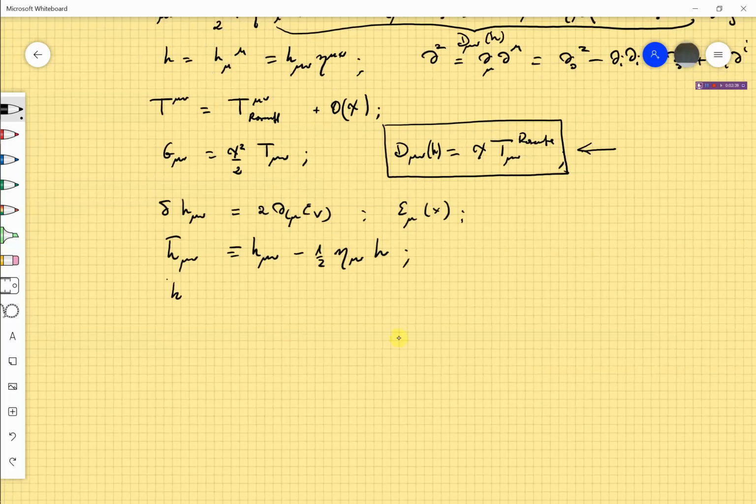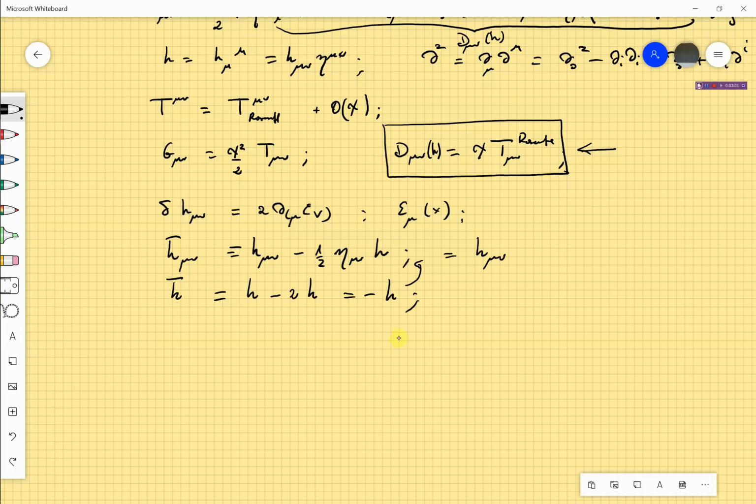So if we take the trace, that we also call just h bar with no indices, this would be h minus a half of 4, this is 2, times h, so h bar is just minus h, or h is minus h bar. So you take this result here and you find that this is h mu nu minus a half eta mu nu now plus h bar, and the result is that h mu nu has the same expression if you interchange bars and no bars.